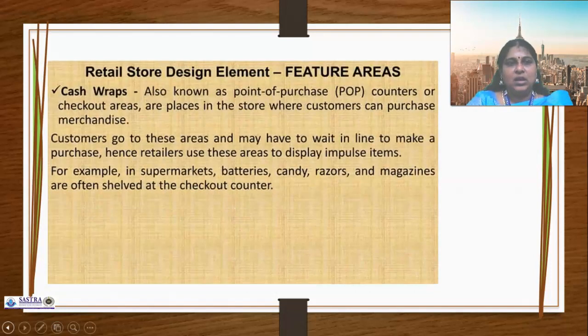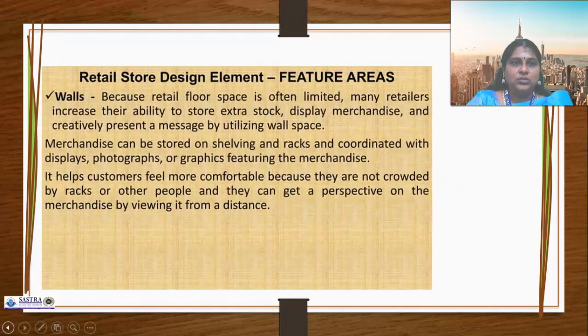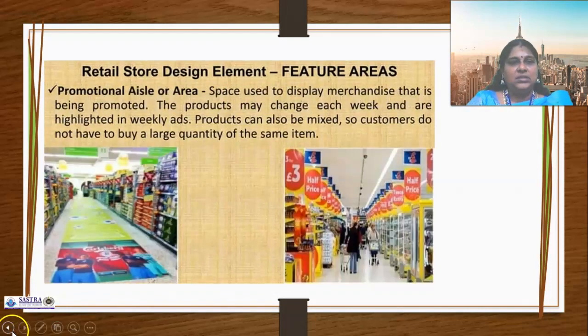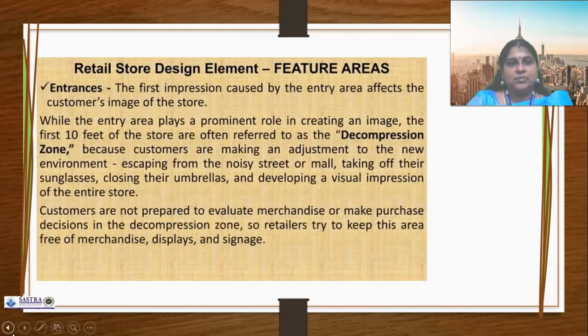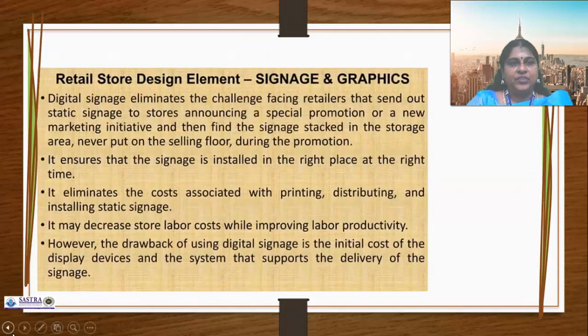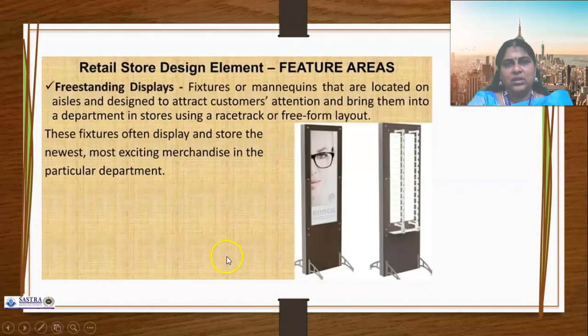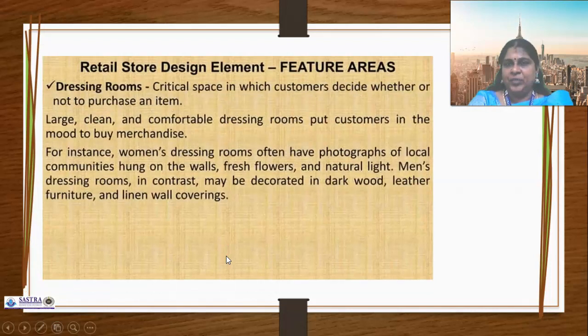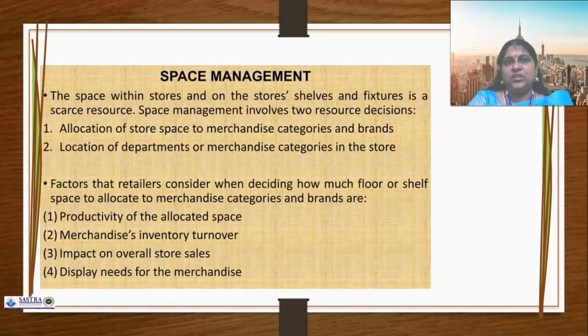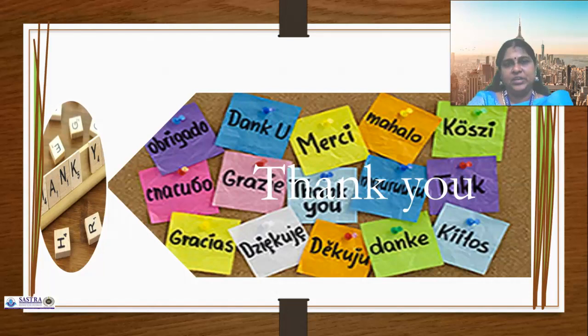So these are all the perspectives you should take into consideration. So we also know about the walls and other promotional asides, end caps, freestanding displays, entrances, features, and other things. On the whole, the retail outlet or the location or the different elements, signages, everything contributes to the space management.